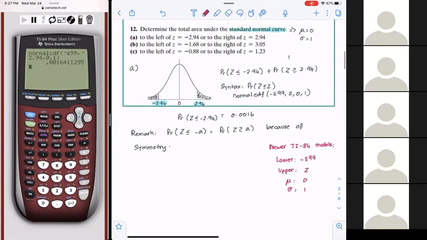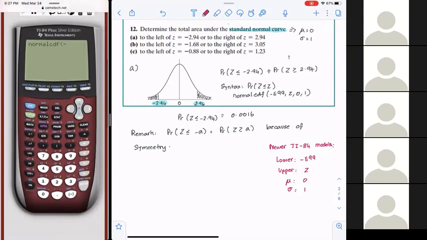So let's try finding the area above 2.94. Same process, second, vars, number 2. This time we're looking at the right-hand side. So we are going to start at 2.94 and the area is going toward positive infinity.